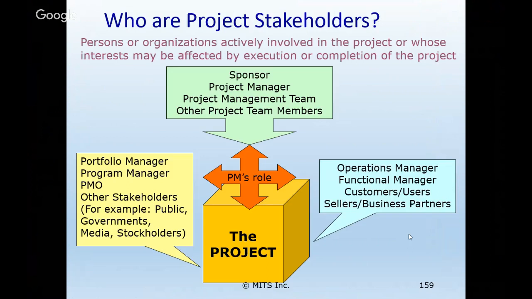But typically, people within the organization, our customers, end users, our vendors, third-party vendors, PMO, program portfolio managers, maybe other stakeholders within the company, and outside groups. Public, for publicly traded companies, stockholders may be interested if it's a very important project.